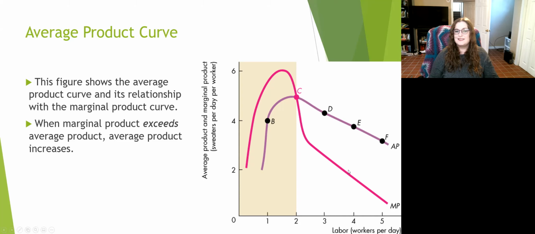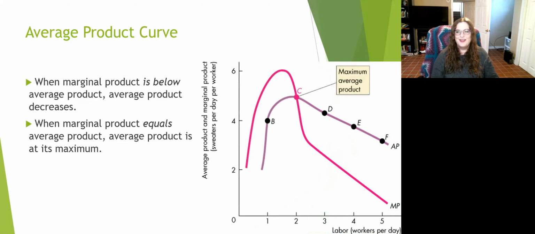When marginal product exceeds average product, so right here, the average product is increasing. But notice when average product, this purple line, starts trending downwards. It's right here at this very tippy top, and that very tippy top is where it crosses with the marginal product.